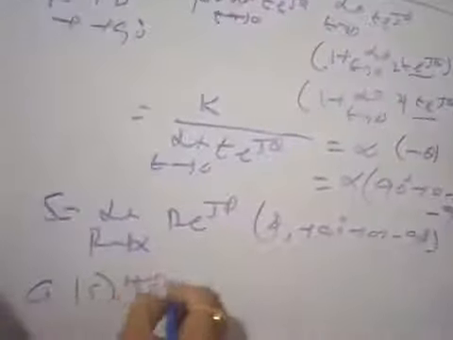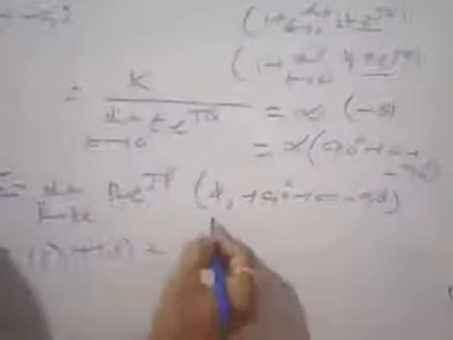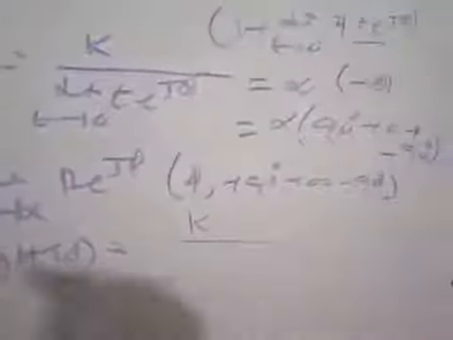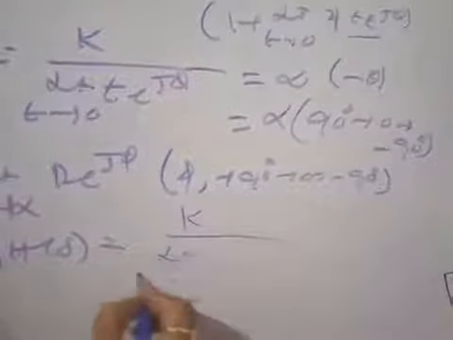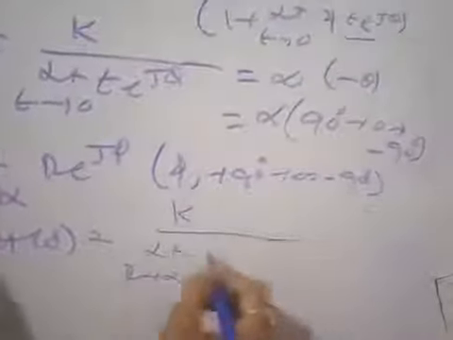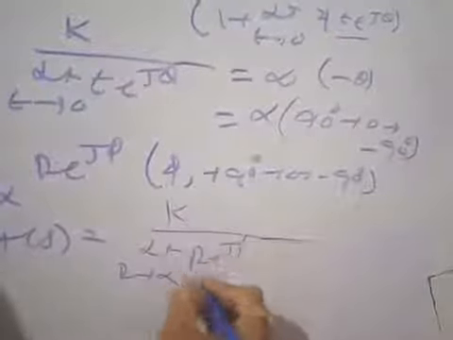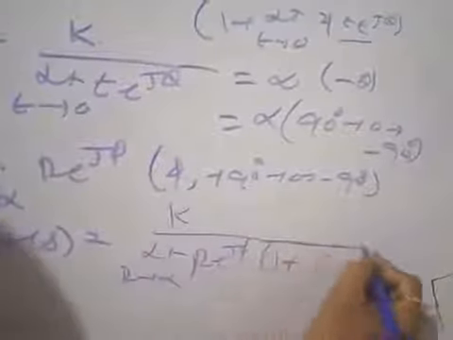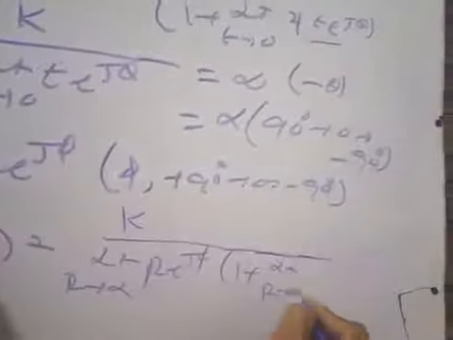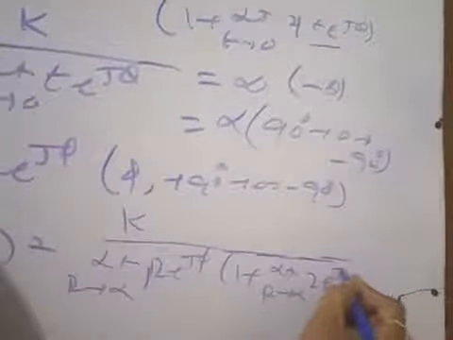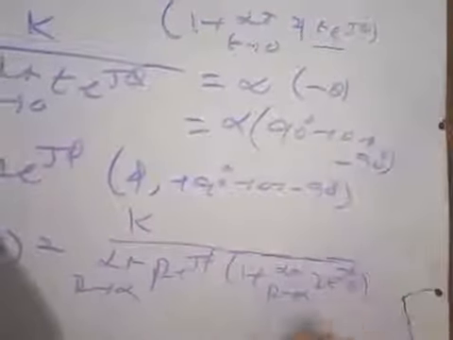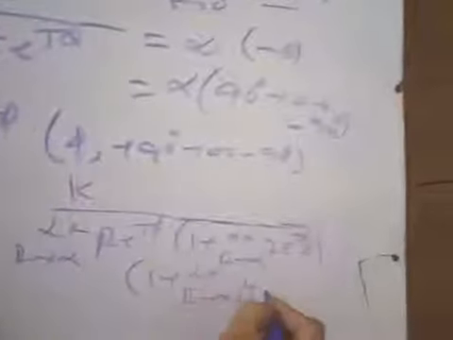You get G(s)H(s) equal to K by limit r tends to infinity r e to the power j phi into (1 plus limit r tends to infinity 2 r e to the power j phi) into (1 plus limit r tends to infinity 4 r e to the power j phi), right?